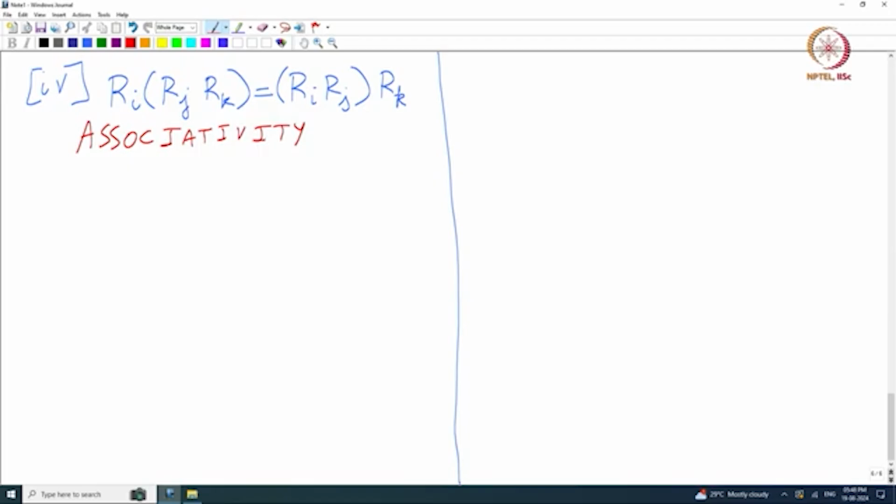Now, there is something you might have expected, but I did not write down. There is some property that you know of, right. In addition, in multiplication, what did I not write down? I did not write down commutativity, correct. I did not say that I need RiRj to be RjRi.